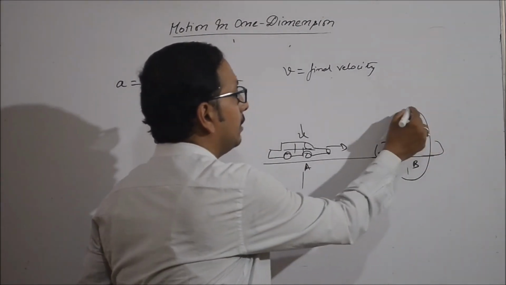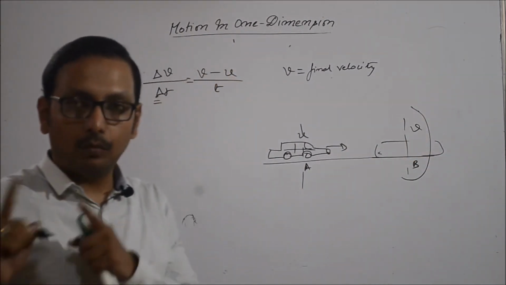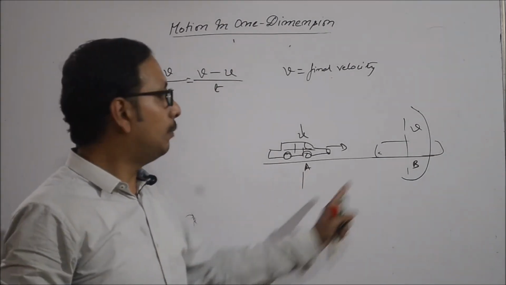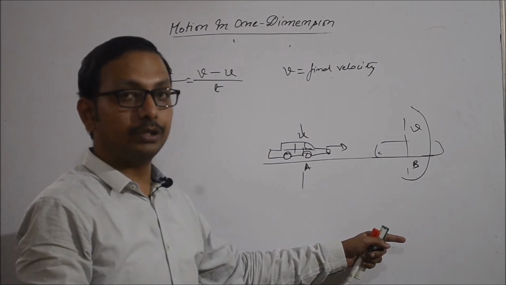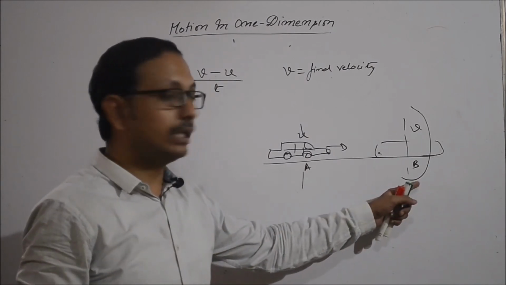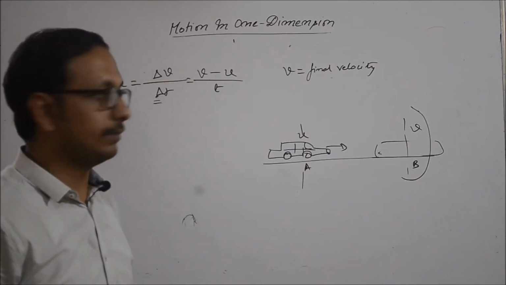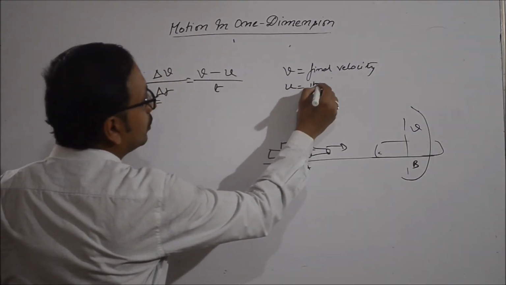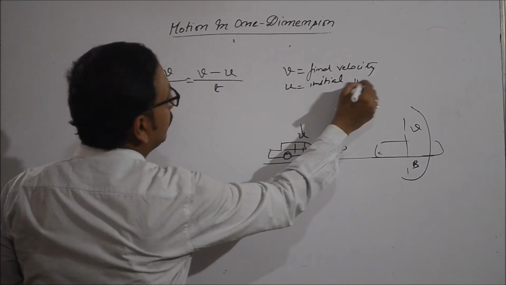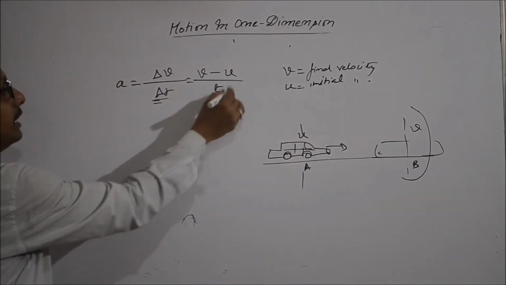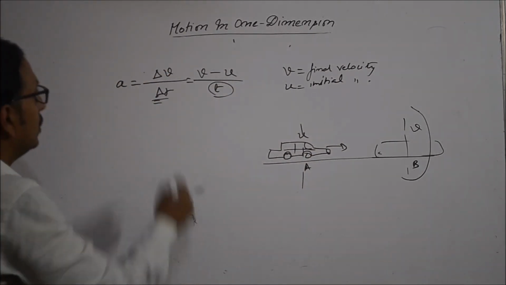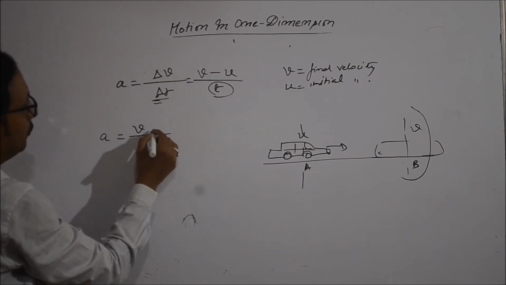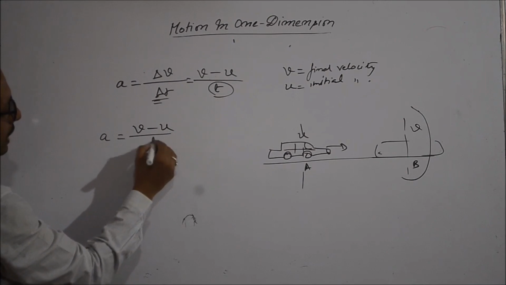I have taken two points, point A where it was moving earlier, and point B where I have found it is moving just now. At this moment we are going to take the final velocity reading. So v is your final velocity, u is your initial velocity, and the time interval I have taken just as t. Now if I write this equation again, a equal to v minus u by t.